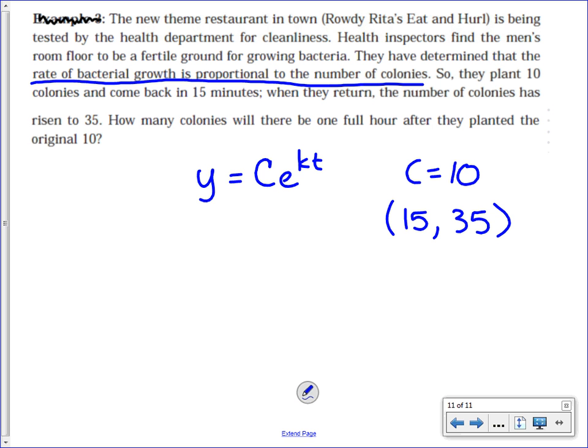Okay, so what we need to do here is use what we were given and solve for k. We have to find that rate. So we're going to plug in 35 for y, 10 for C, 15 for t. We're going to solve this for k. So we're going to divide by 10.